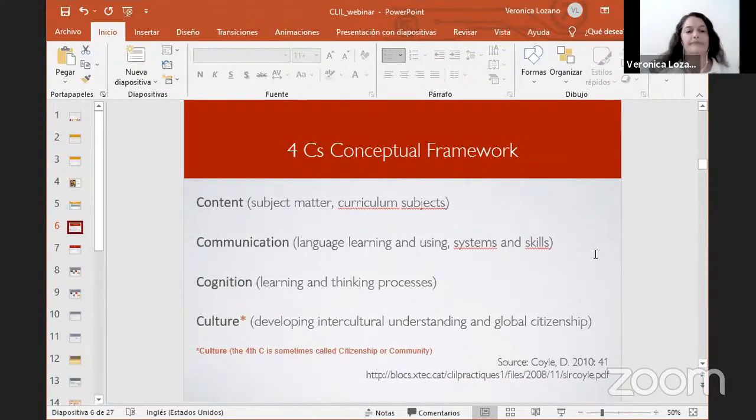And finally, another very relevant ingredient would be culture, because the idea behind this CLIL approach is precisely to foster collaboration and global citizenship and these important concepts that refer to cultures and languages all over the world. So these are your 4 ingredients, and this is called the 4 C's framework, just in case you see it in a book.